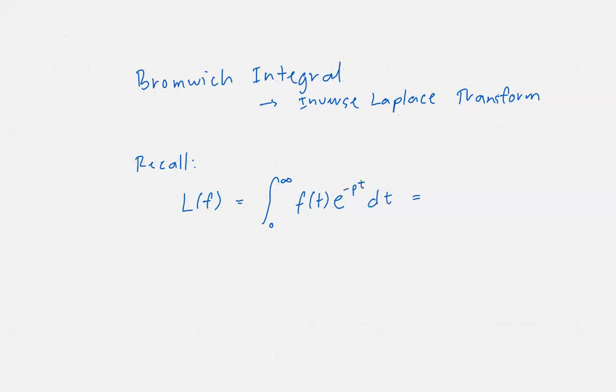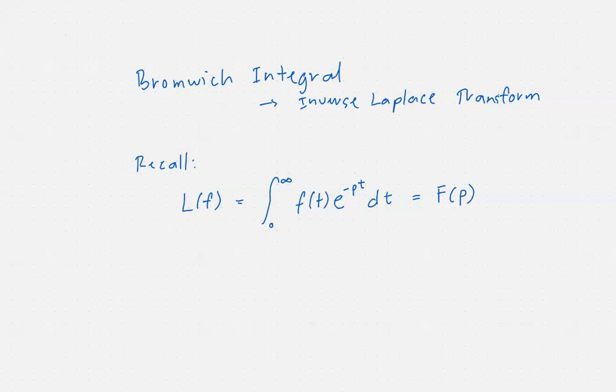Now, notice that your small f here is a function of t, usually time, but it doesn't matter. In some cases, it's just time, and then it is being converted into another function capital F here, which is now a function of p, or another variable.